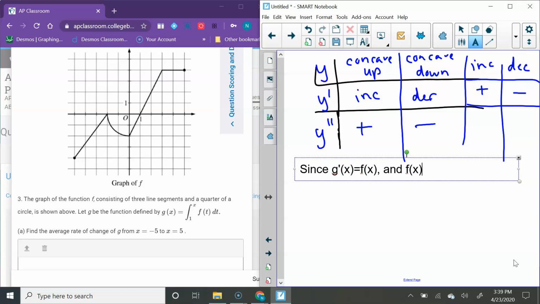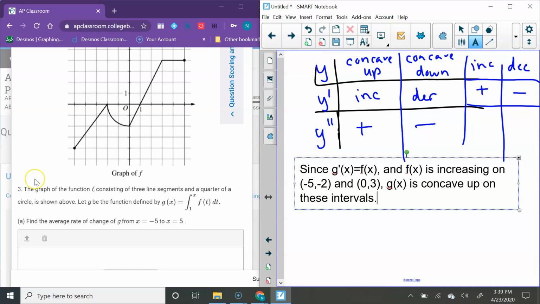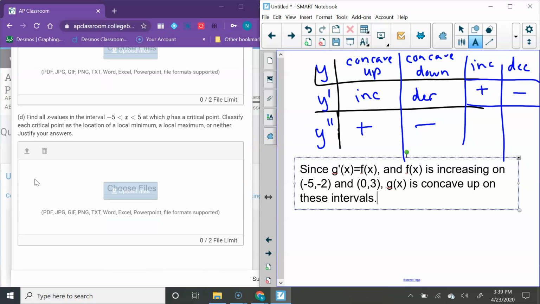And f of x is increasing on (-5, -2) and (0, 3). G of x is concave up on these intervals. Okay, so that is what you would say for part C. So we've got one more part to look at.